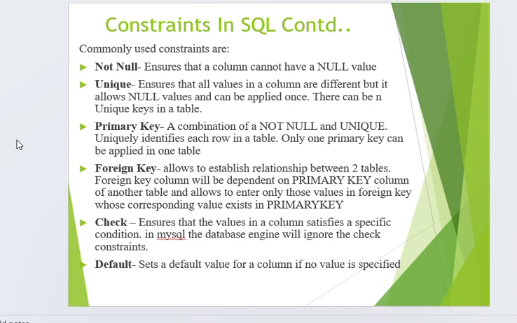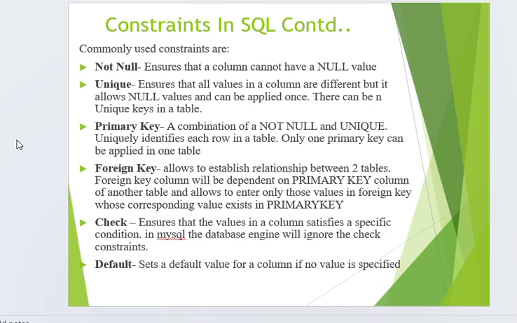UNIQUE. Now unique is one more constraint that ensures that all values in a column are different, but it allows null also. So at least one row can have a null value. Suppose there are 10 records.